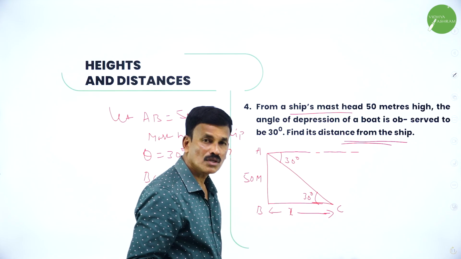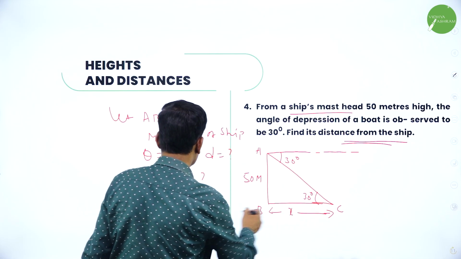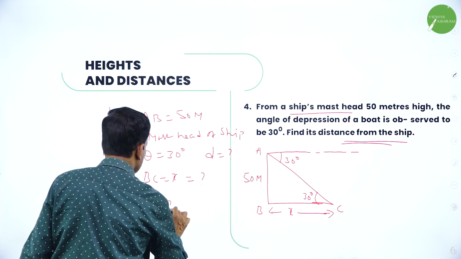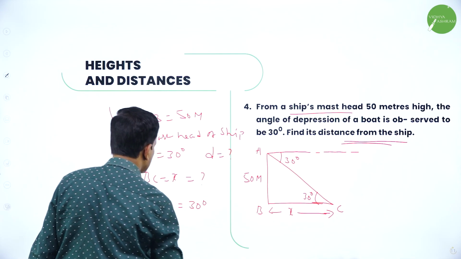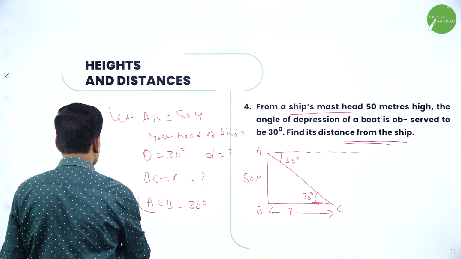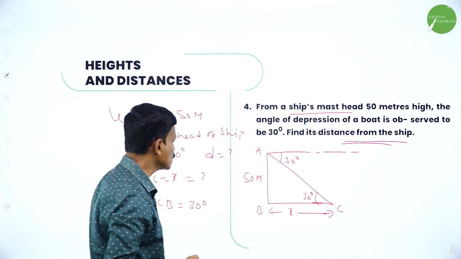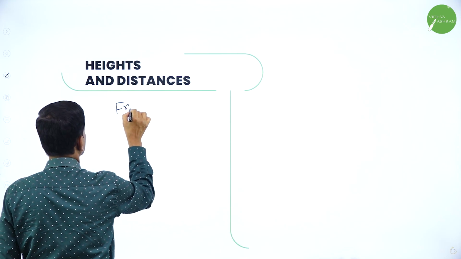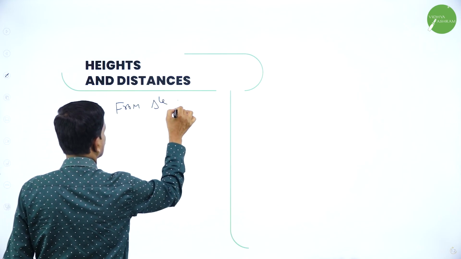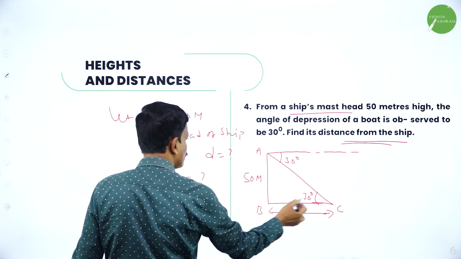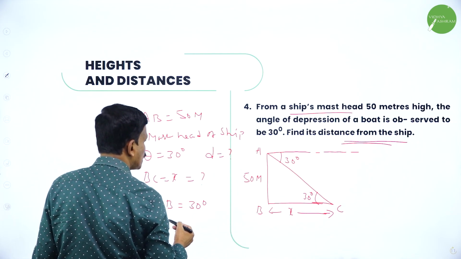Now from triangle ACB, angle ACB is equal to 30 degrees. From right angle triangle ABC, just find tan theta.